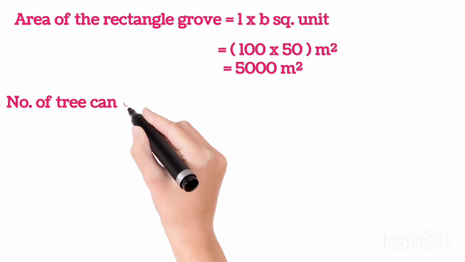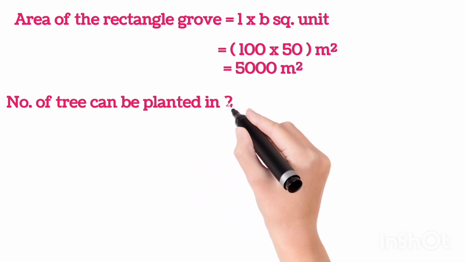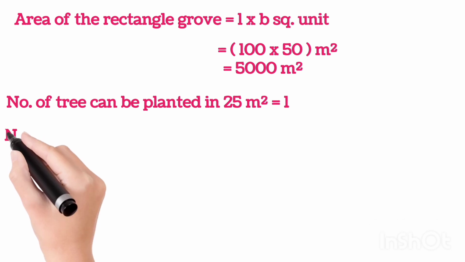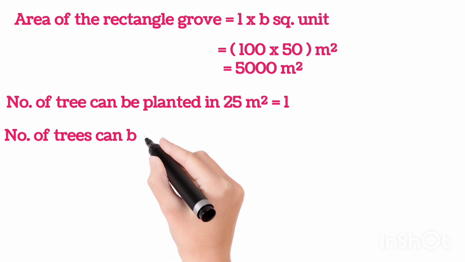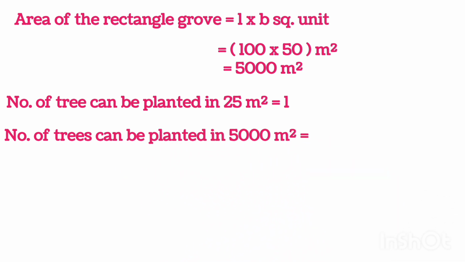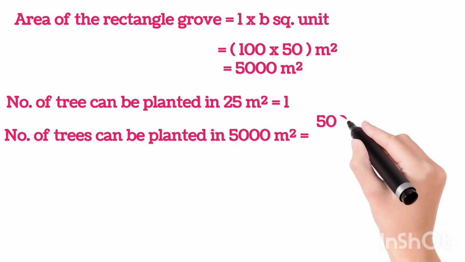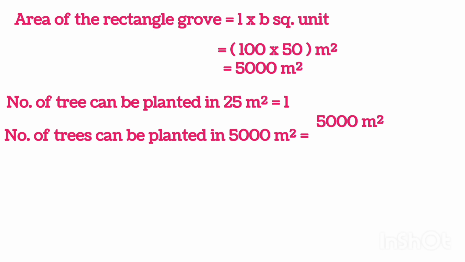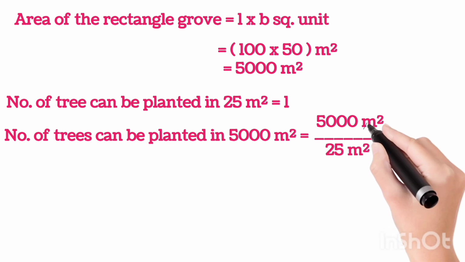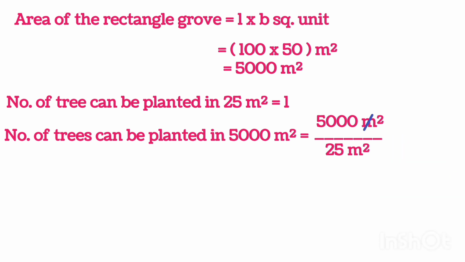Okay. Now we will see the number of trees. The question is asking the number of trees that can be planted. In 25 square meter, how many trees? 1. And the number of trees that can be planted in 5,000 meter square, we will simply divide 5,000 meter square by 25 meter square. First cancel meter square because we want the number of trees only.